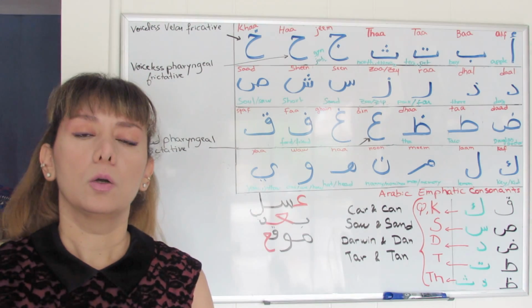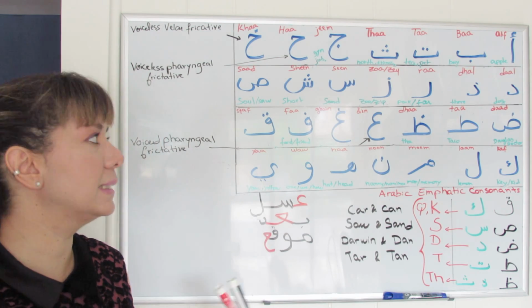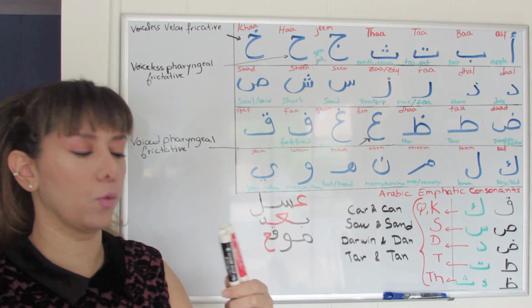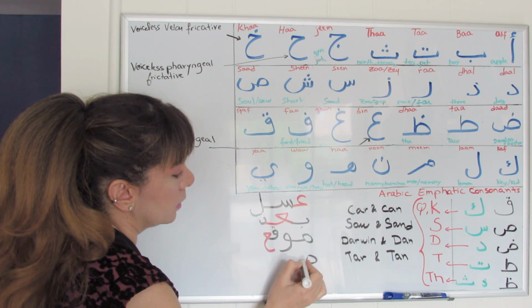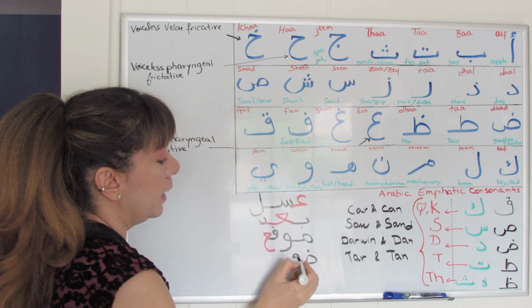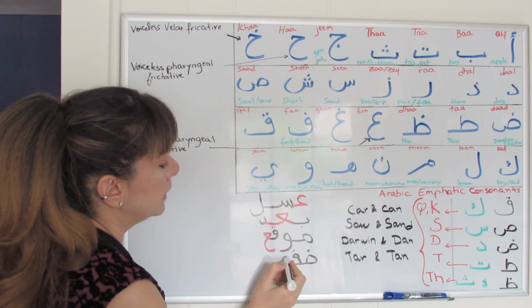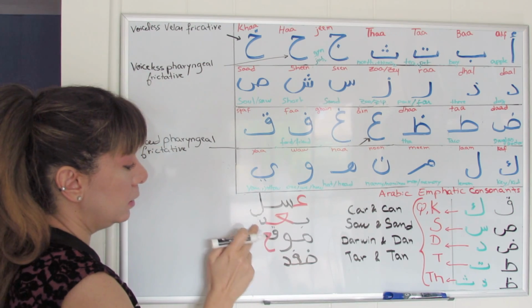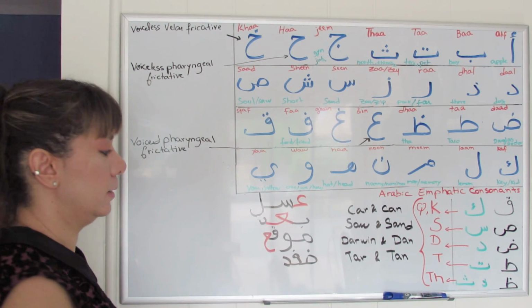And with the word frog, ضفدع, it looks exactly like the isolated form at the end. ض, ضاد, فاء, like F, دال, like d, and عين.